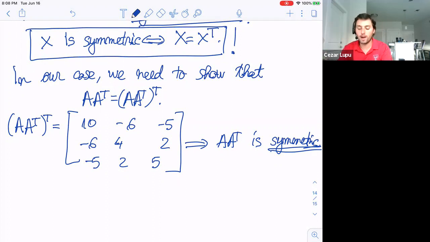You can find matrices A and B such that AB equals BA, but you can also find matrices such that AB is not BA, and we have seen an example in the previous lecture today. Okay, now I want to talk about something else, the inverse of a matrix.